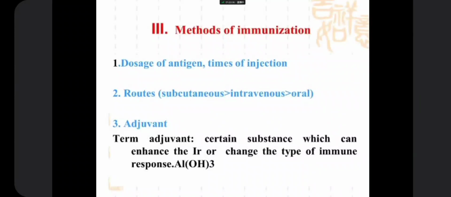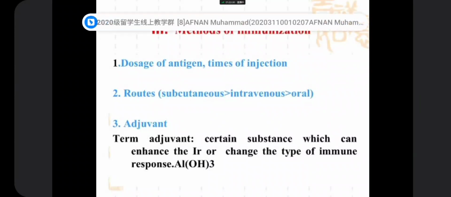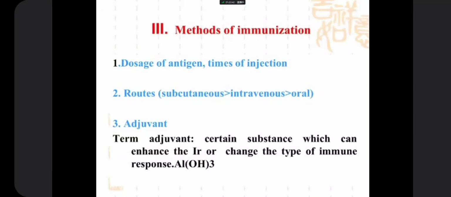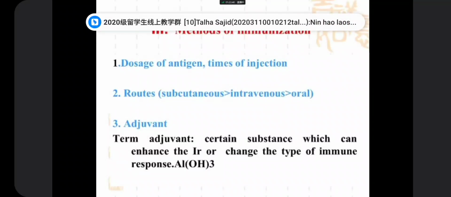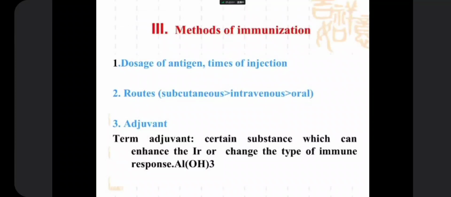The method of immunization also can influence the degree of the immune response: the dosage of antigen, the times of injection, and the route.